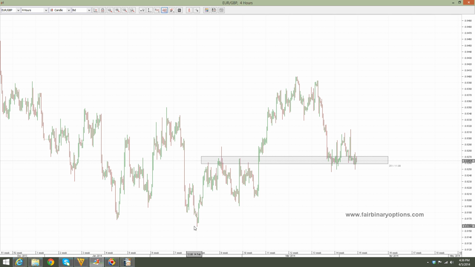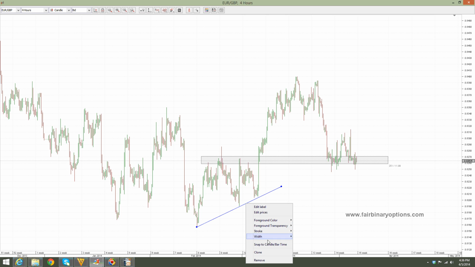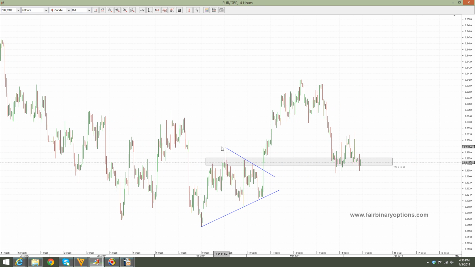Take a look, A, B, C, D, E, and then price breaks higher. So this would be our contracting triangle here. And normally should be labeled from where it comes there to the downside, A, B, C, D, E, and then price breaks higher.